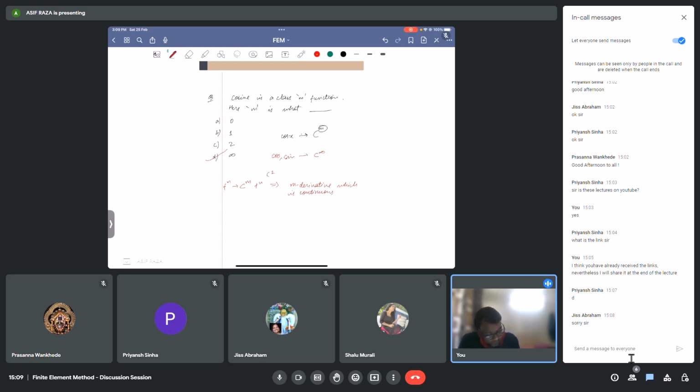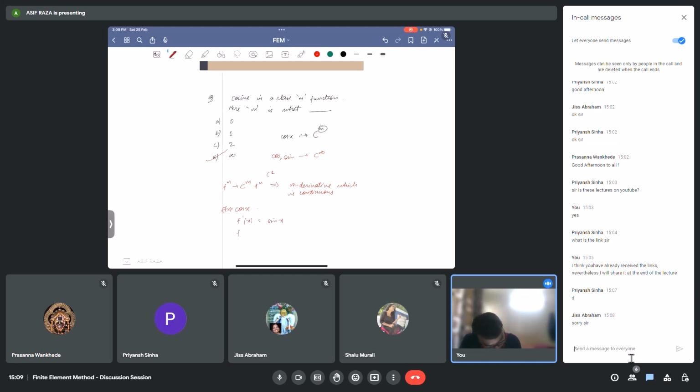So cos x, if f(x) is cos x, the first derivative is sin x, which is continuous and differentiable everywhere throughout the domain.